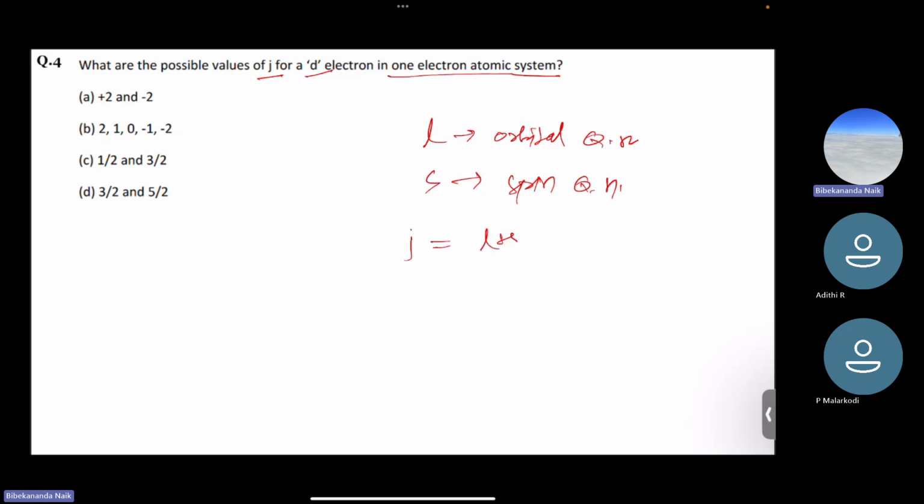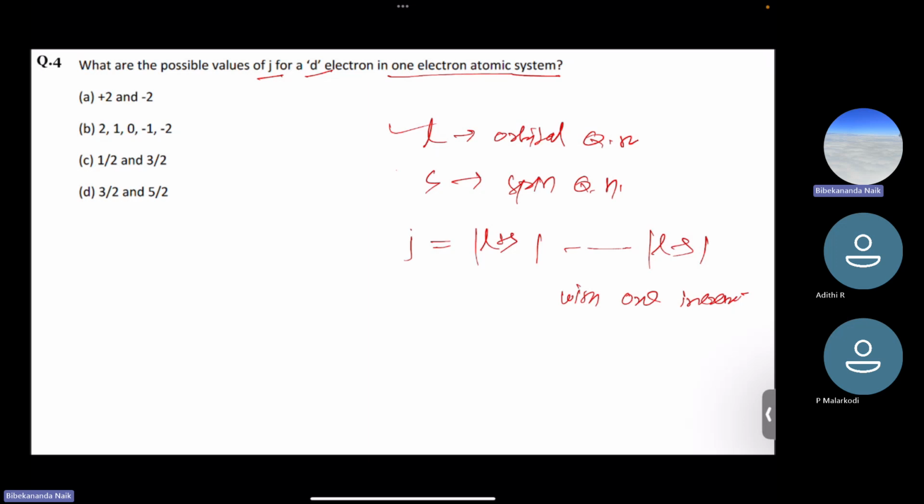J ranges from L plus S to L minus S with one increment. So if we know the values of L and S, we can calculate the values of J. Now we need to identify in this question what the values of L and S are, and then find the values of J.